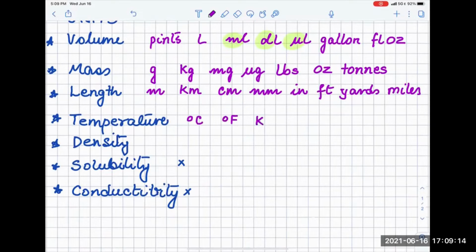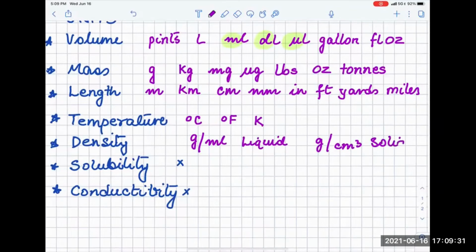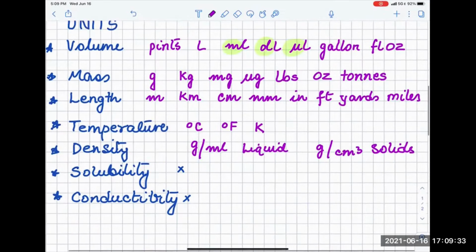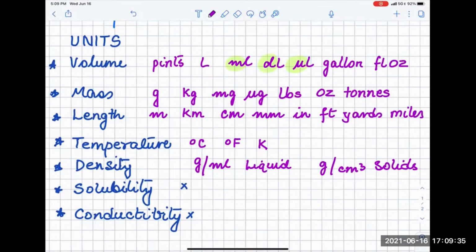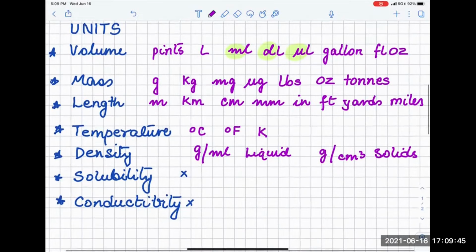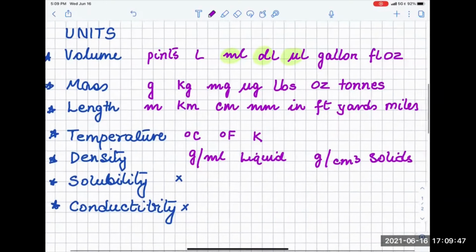And for Kelvin, you don't write degree, you just write K. Okay, density, as we talked about, is grams per milliliter when you're looking at liquids, and grams per cubic centimeter for solids. There are other units also, like boiling point, which will be in degrees Celsius or degrees Fahrenheit, melting point, freezing point, right? And there are many more different units, but this is just to give you an idea.